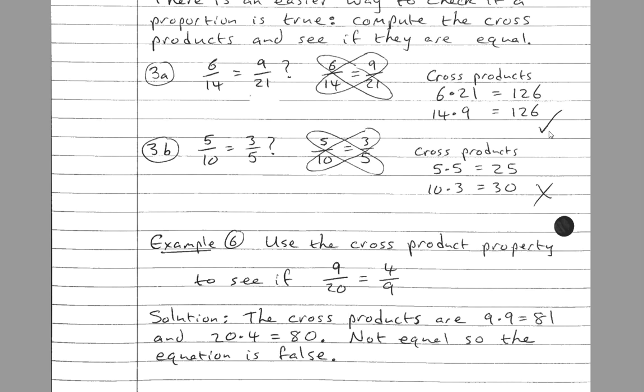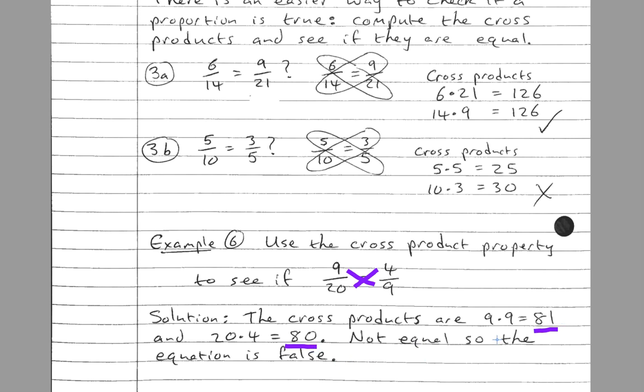Well, let's work out the cross products. The first cross product is 9 times 9, 81. The other cross product is 20 times 4, and that's only 80. So they're close, but not equal.